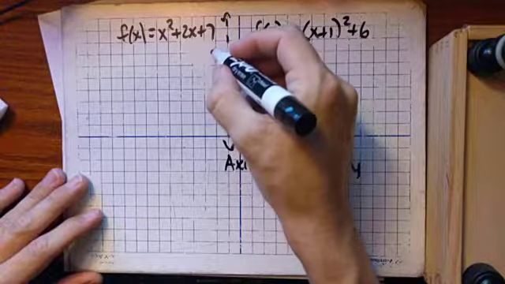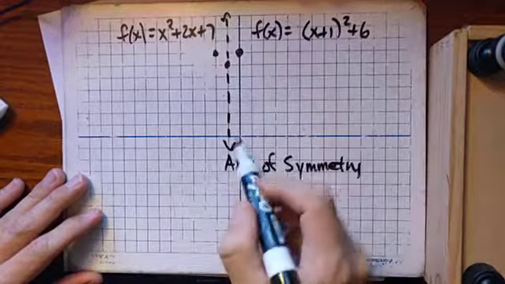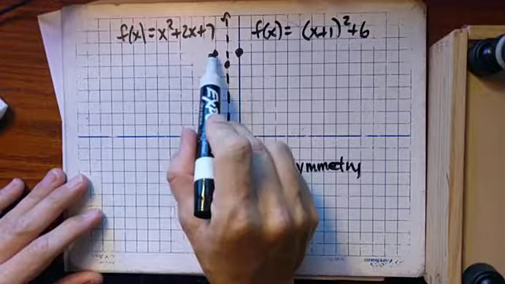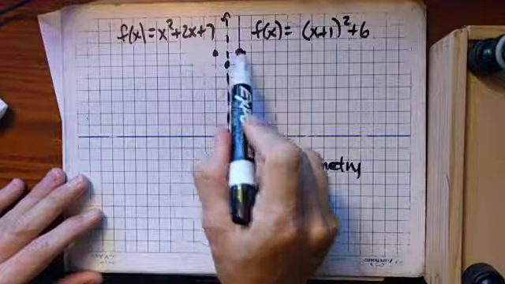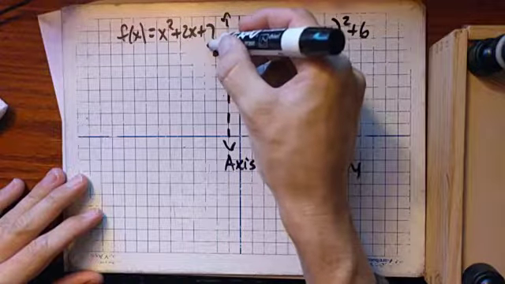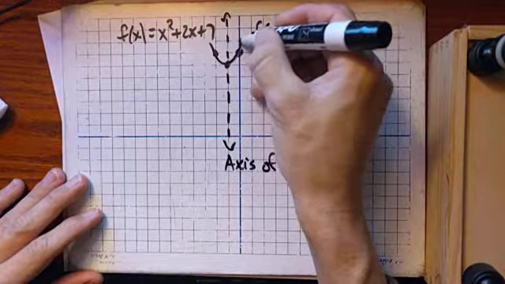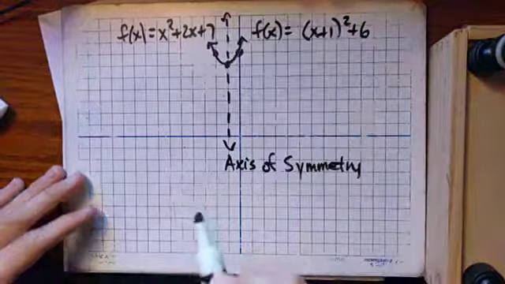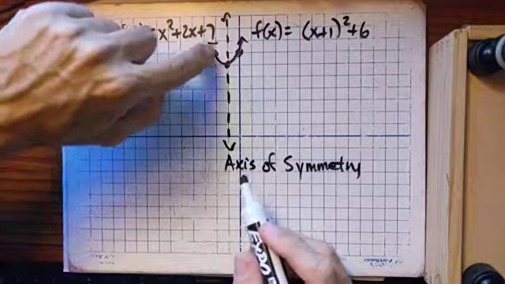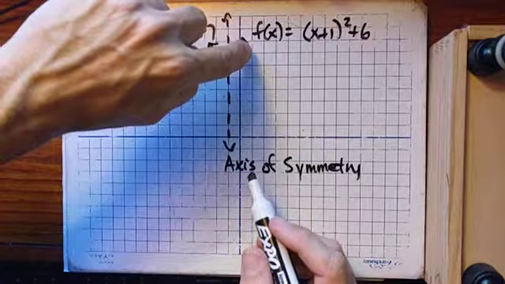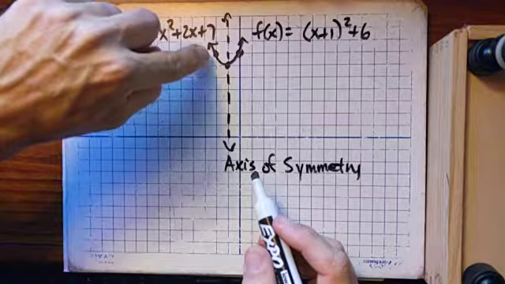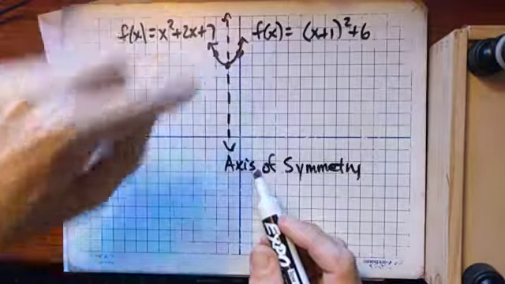So we could put another point right here at (-2, 7). And the reason I can do that is because there's a point right on the other side at (0, 7). So we can graph this parabola safely by going through those 3 points. So how did I figure that out? Well, I just reflected the point on the right side of the axis on the other side. And that's why it's called an axis of symmetry.